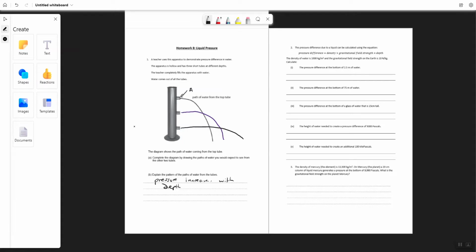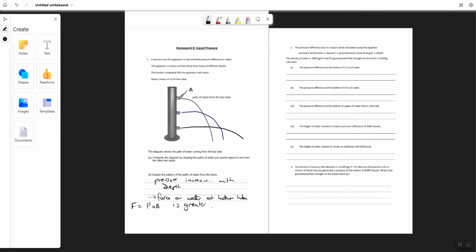The force on the water coming out, force is equal to pressure times area. If the pressure has gone up, the area is the same, so that actually means that the force on water at the bottom tube is greatest. Okay, so it's been hit with a bigger force, so it's been shooting out quicker.